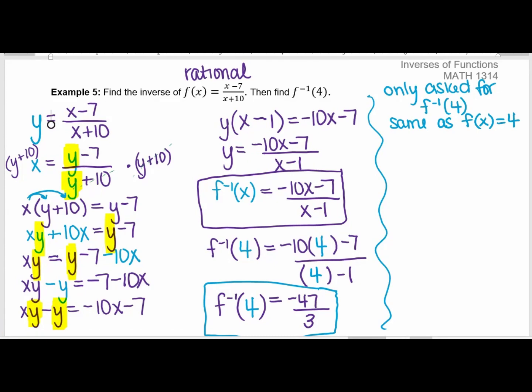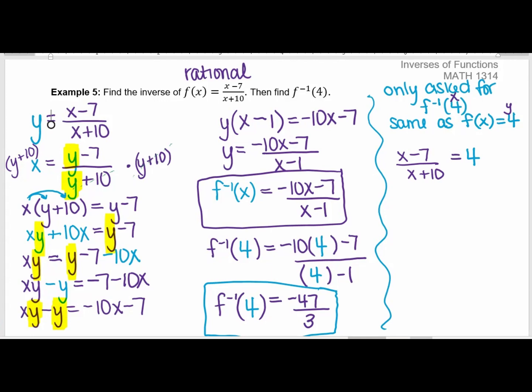Domain and range flip-flop. So if it's an x value for the inverse, it's a y value for the original, which means we could have taken our function, the original, and replaced f of x with 4. And we wouldn't have had to find the inverse.